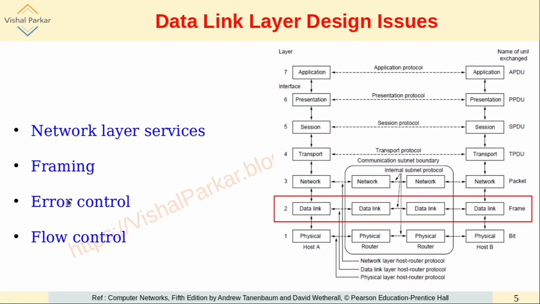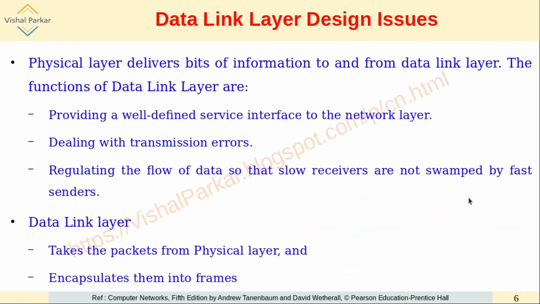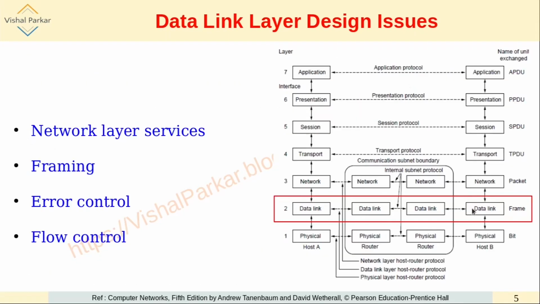Next, we have already seen error control. Now the frames which are generated out of the packets received will be transferred to the data link layer of the destination machine. While in the transfer, the data link layer should see that there are no errors generated.